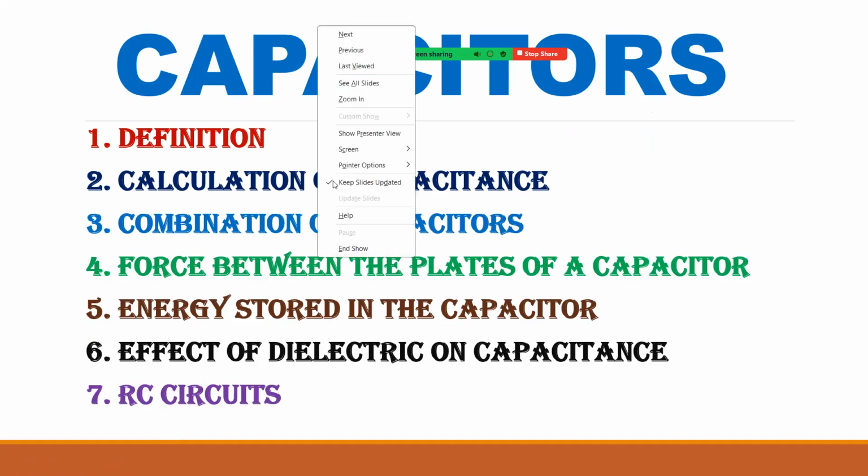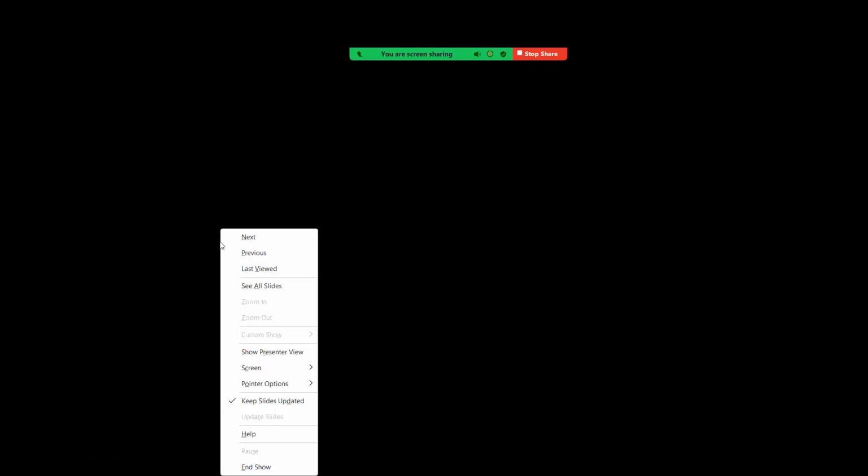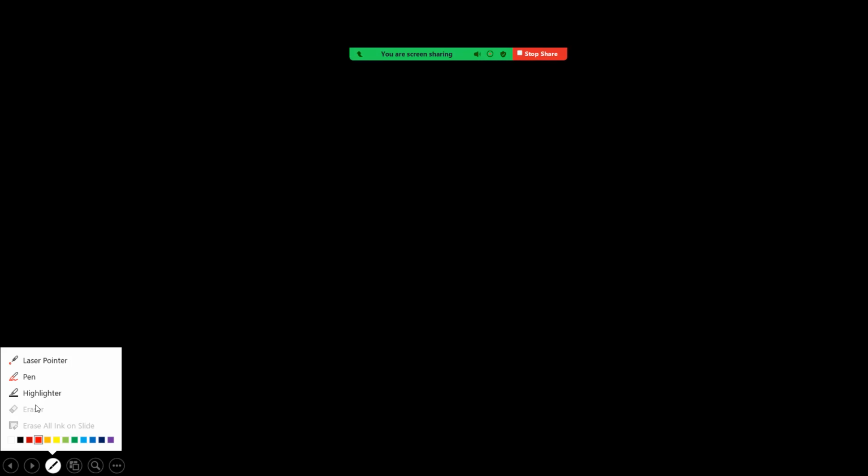And while discussing that, I gave one statement: if the capacitor was initially uncharged, then in the process of charging, half of the work done by the battery is stored in the capacitor in the form of potential energy, and the remaining half is lost in the form of heat. This is what we have discussed, right?